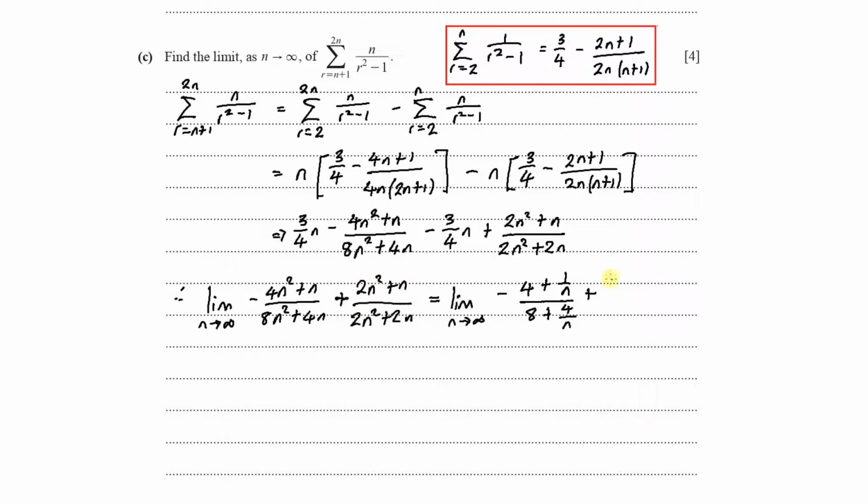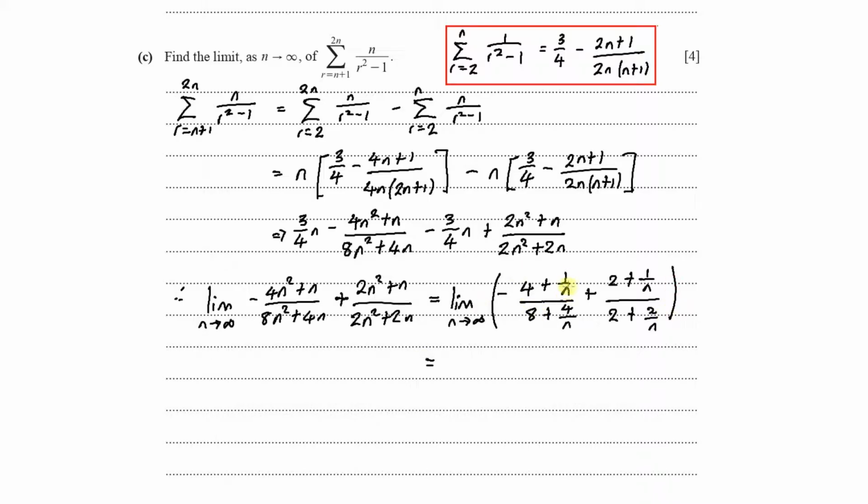So at the top we'll be having 2 plus 1 over n, and it's over, at the bottom dividing by n squared, we have 2 and here we'll be having 2 over n. So this is what we now have.